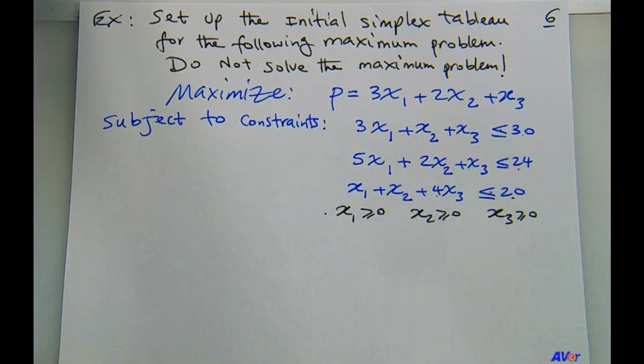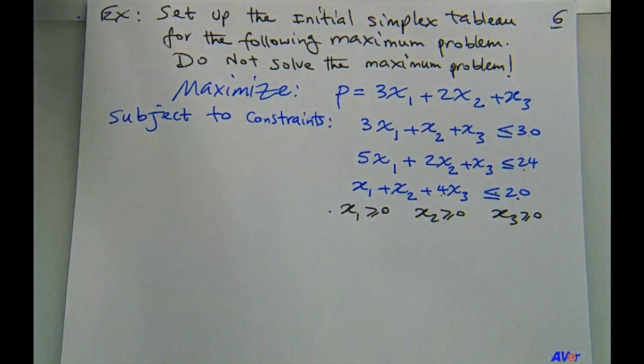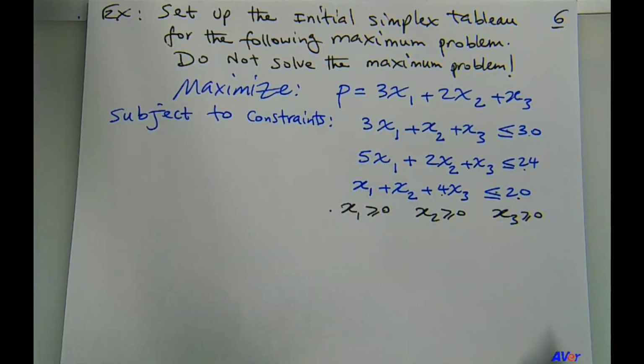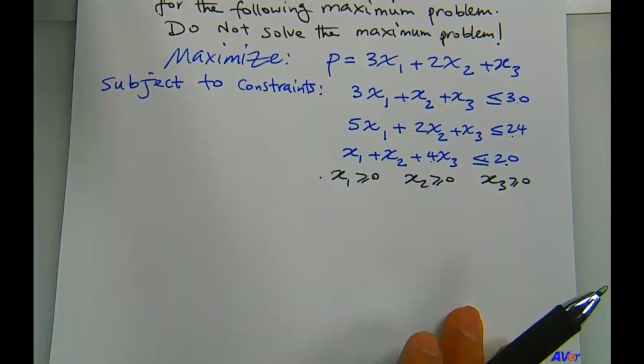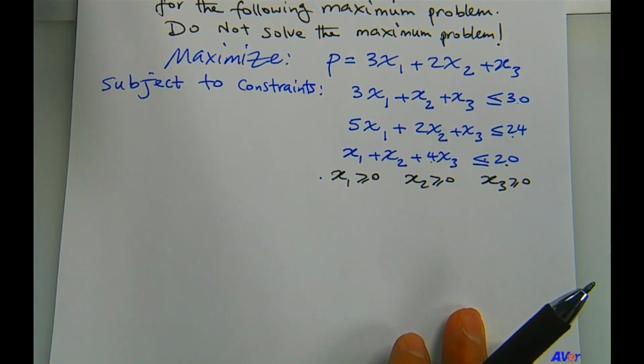So both conditions for having a standard maximum problem are met. You need to know this for this course. What consists of a standard maximum problem? You need to know about those two conditions. There's a strong likelihood that it will come up in the exams as a multiple choice question.